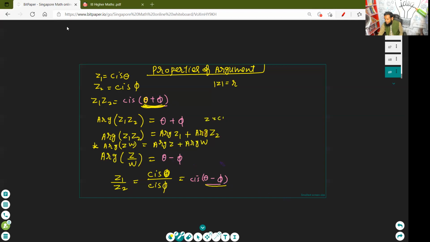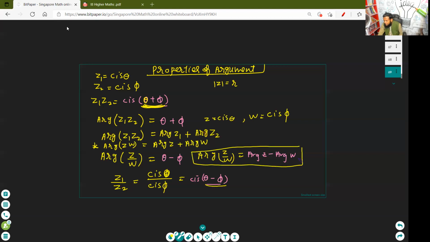Z is equal to cis theta, and W is equal to cis phi. Clear? And now tell me, theta is argument, right? Argument of Z upon W. What is theta? Theta is argument of Z. So it is argument of Z minus argument of W. Clear?